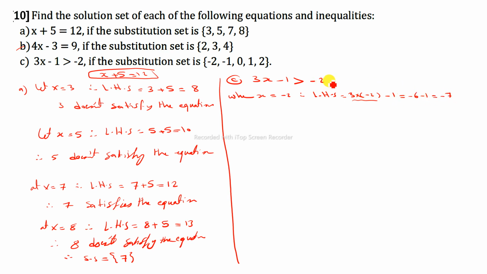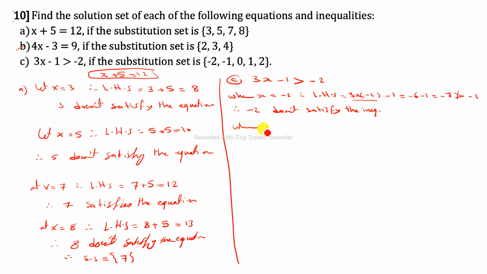Is negative 7 greater than negative 2؟ طبعا لا. Negative 7 is not greater than negative 2. So negative 2 doesn't satisfy the inequality.